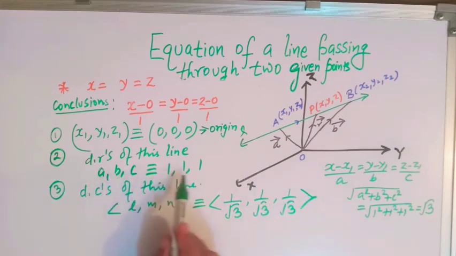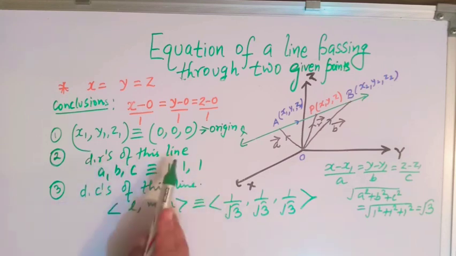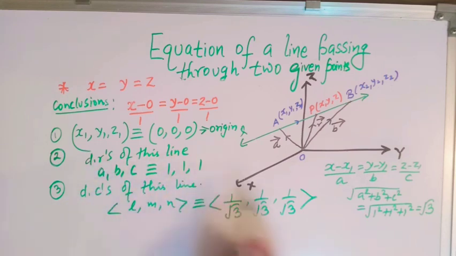So the DRs of this line are 1, 1 and 1, right? So if we divide the DRs by this term, then we get the direction cosines. And also we know that L square plus M square plus N square is equal to 1.